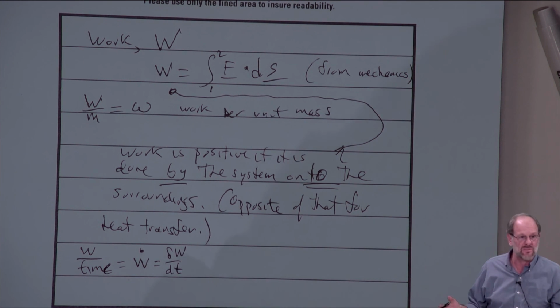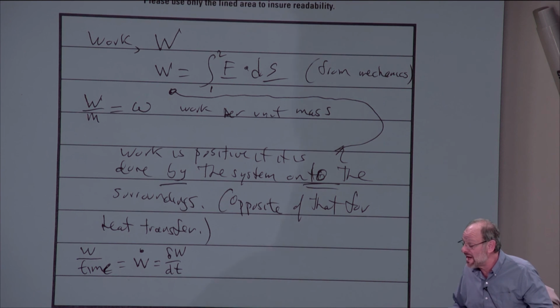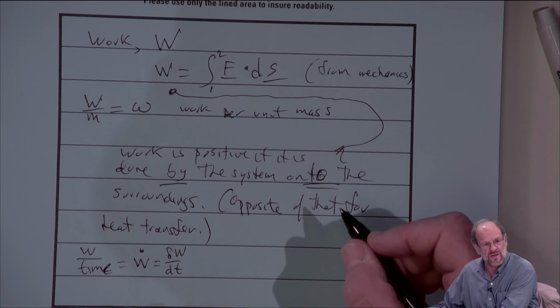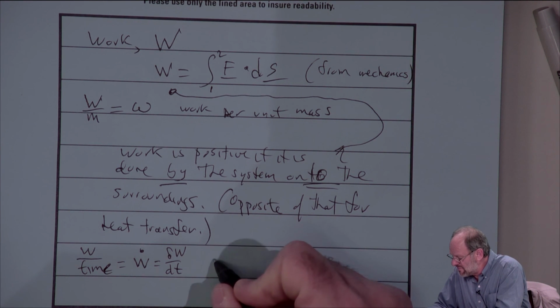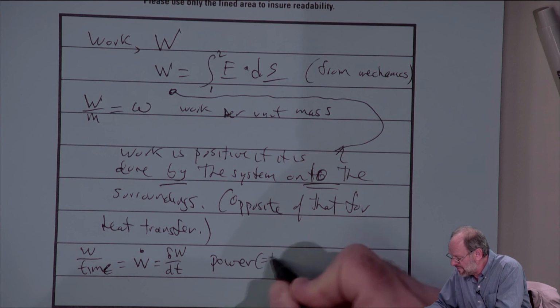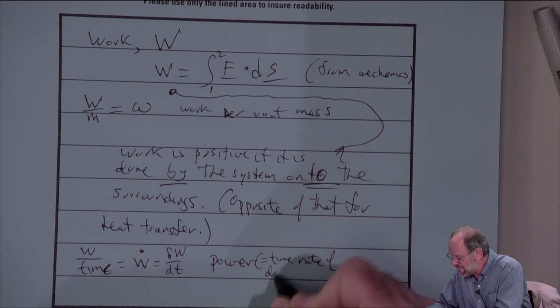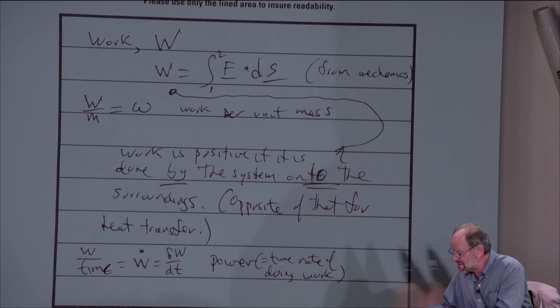So some incremental amount of work done over some incremental amount of time, that's the work per unit time. And we wouldn't call it the work rate. We have a special name for it. It's called power. So the time rate of doing work is the same thing as power. All right, so that's our power.